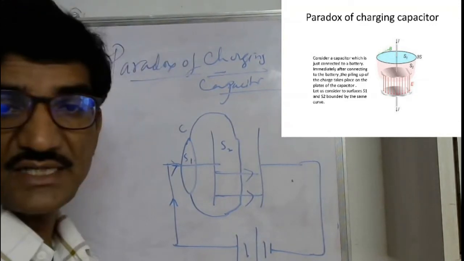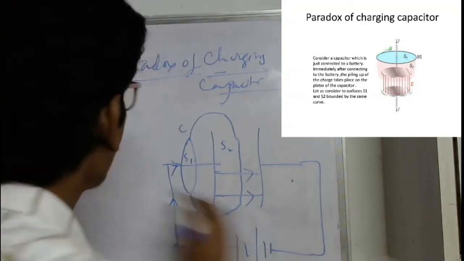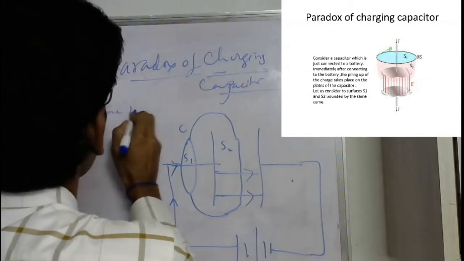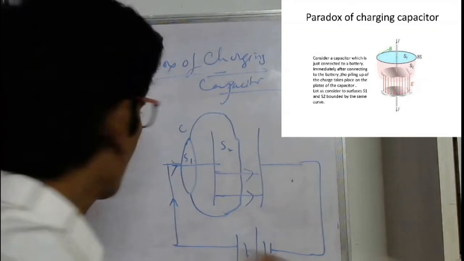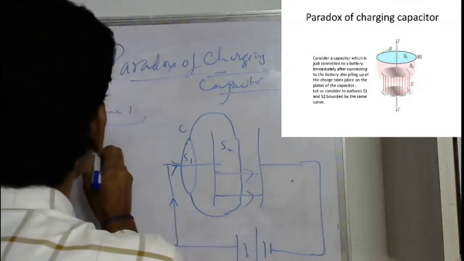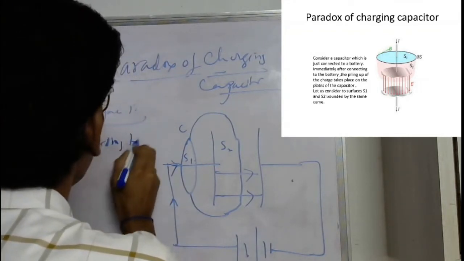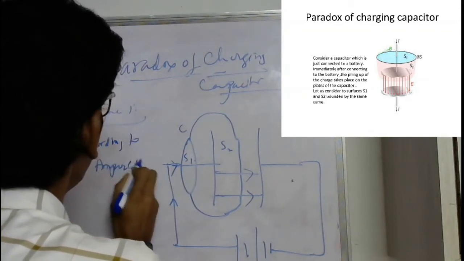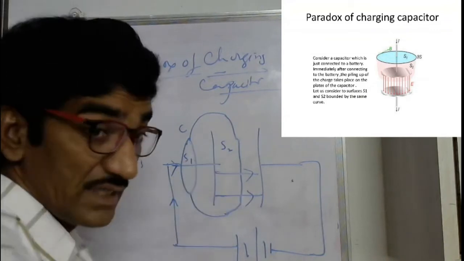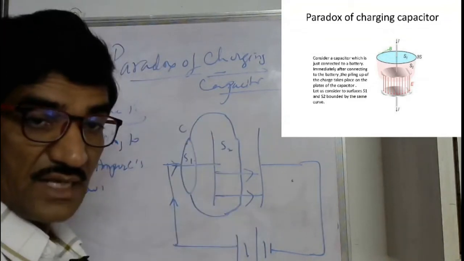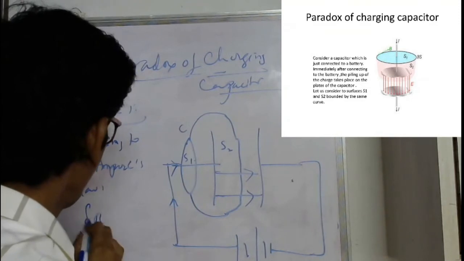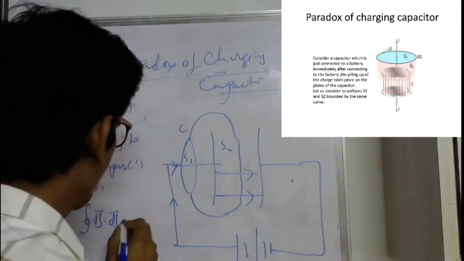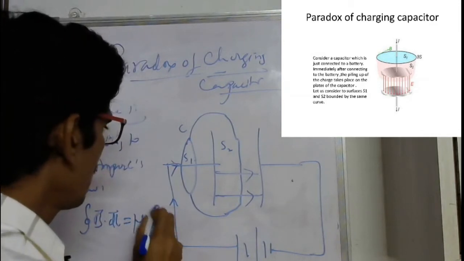Now let us apply Ampere's law for surface 1. According to Ampere's law, for the S1 surface, the integral of B dot dl is equal to mu naught I. Why?